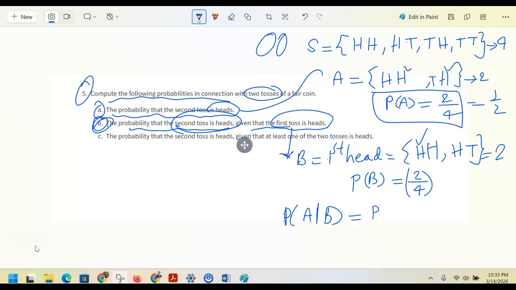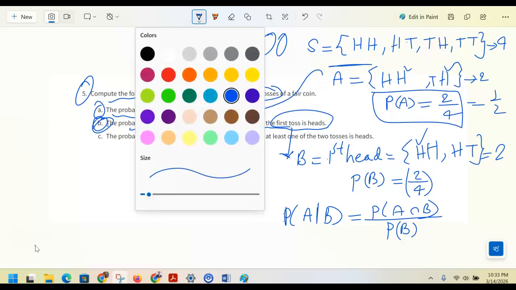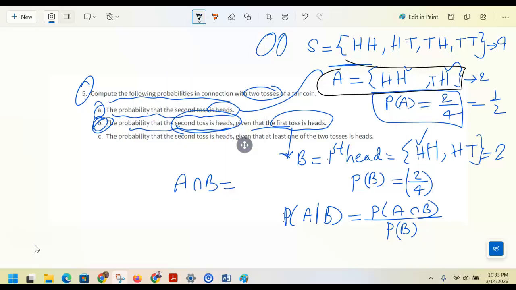By conditional probability, this is probability of A and B divided by probability of B. So we need to know the probability of A and B. In the sets of A and B, what is common is H H, first head, second head.